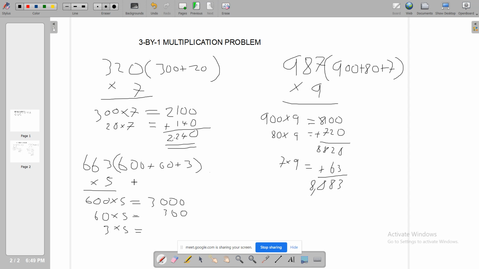Which is also going to be what? 3 times 5 will be 15. So now, this is the trick here.